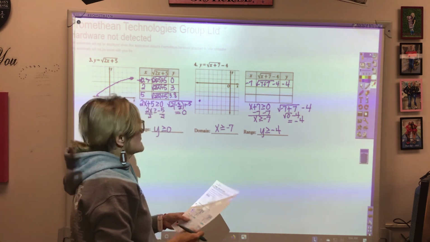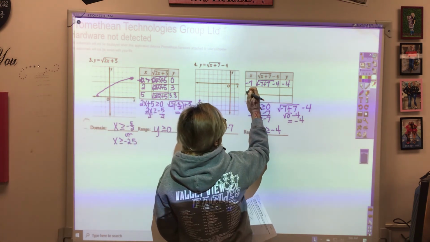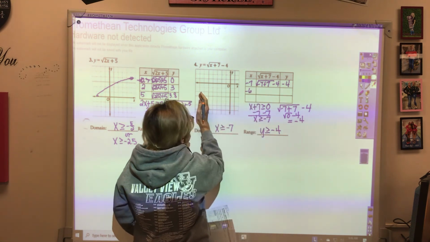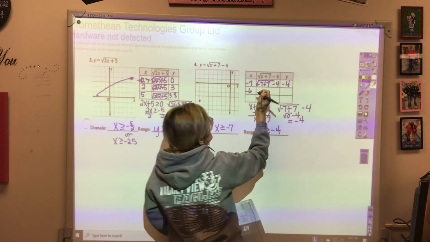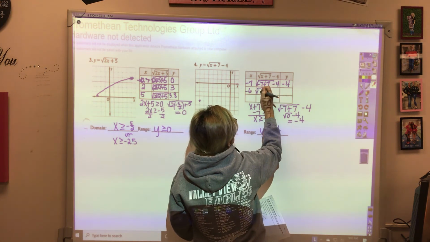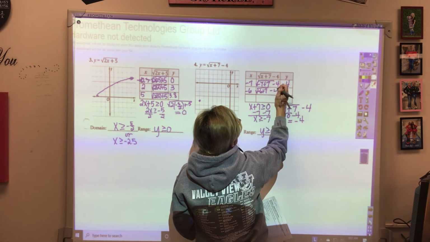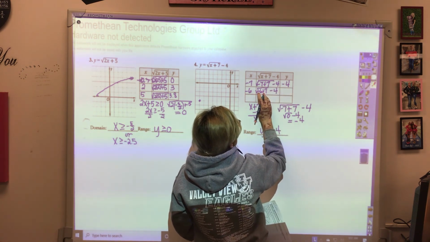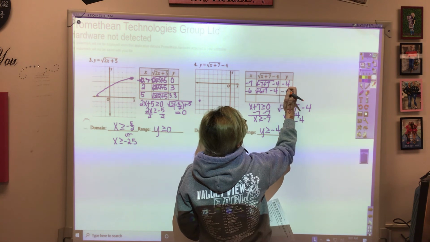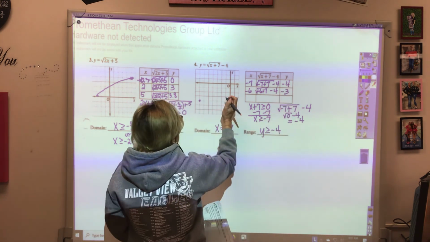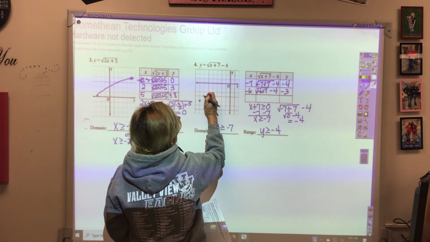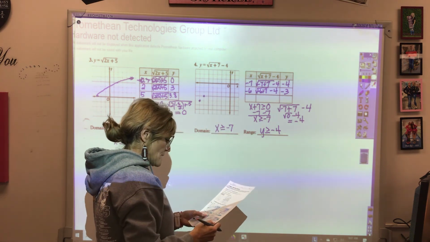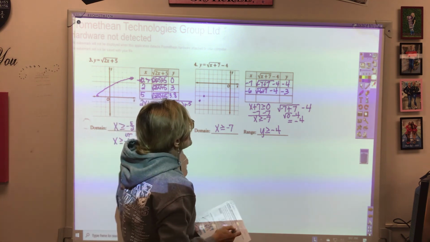Then I plugged in a negative 6. Again, any number to the right of this negative 7 you can use for x. So negative 6 gave me the square root of negative 6 plus 7, minus 4. Square root of 1 is 1. 1 minus 4 would be negative 3. So we have negative 6, negative 3. And then I plugged in a negative 3.